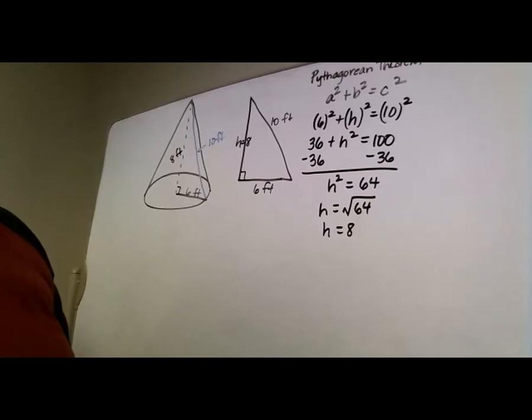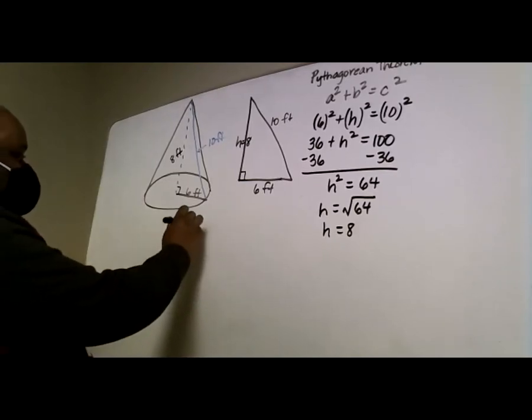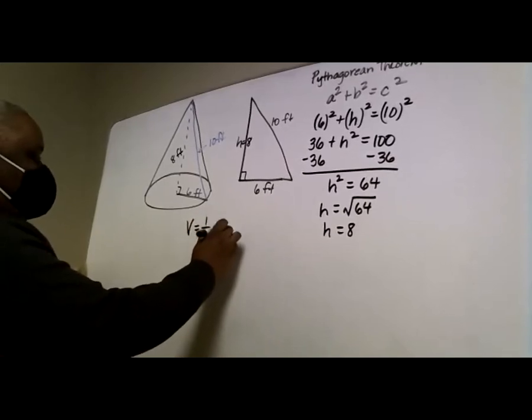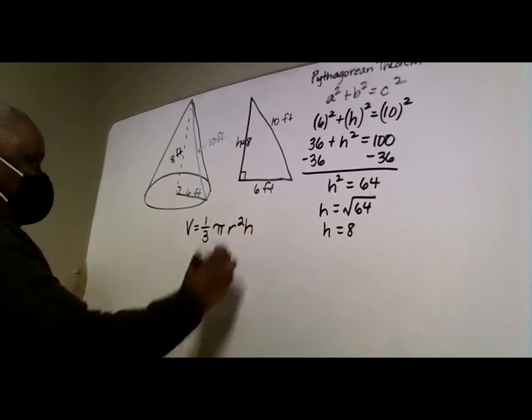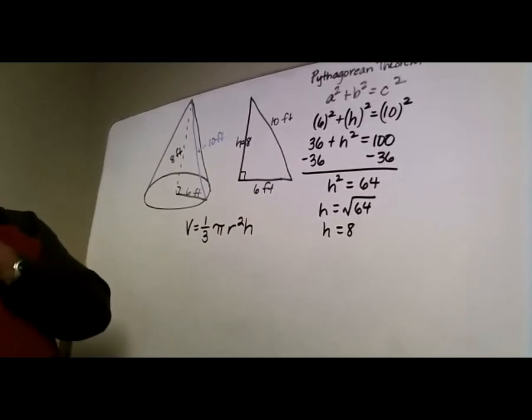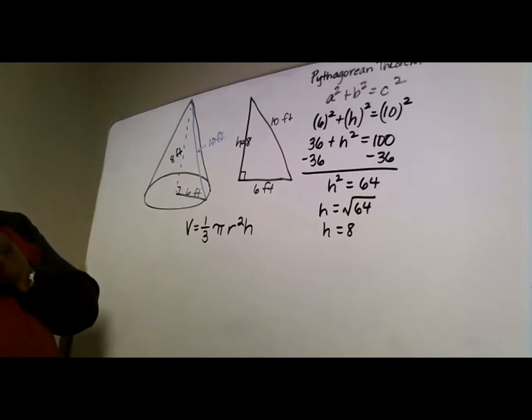And now I can find the volume of this cone. The volume of the cone is this formula: V is equal to 1/3 pi times the radius squared times the height. Because a cylinder is just pi r squared times the height for its volume, but since the cone is 1/3 the volume of the cylinder, we have to use 1/3.